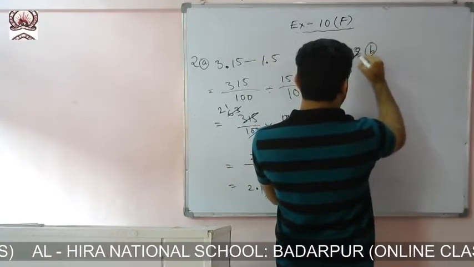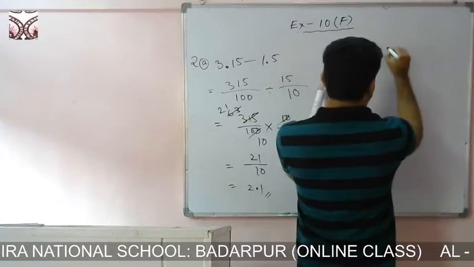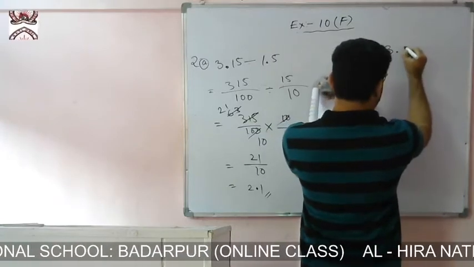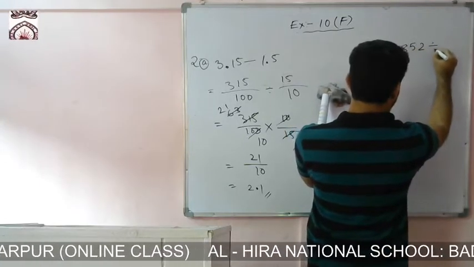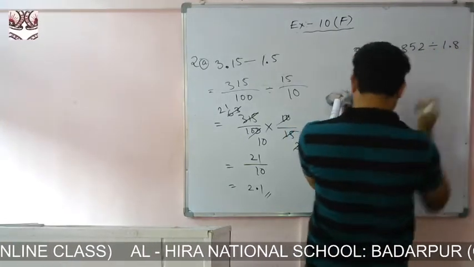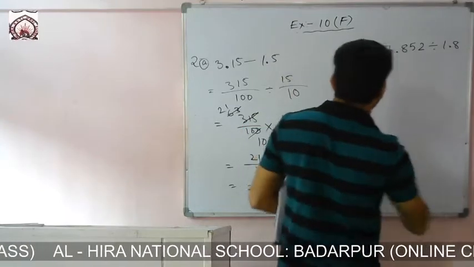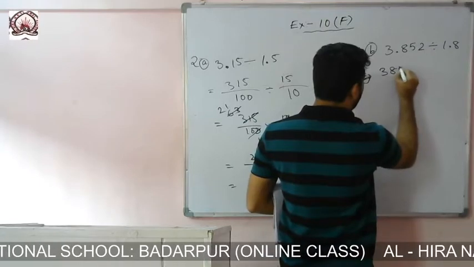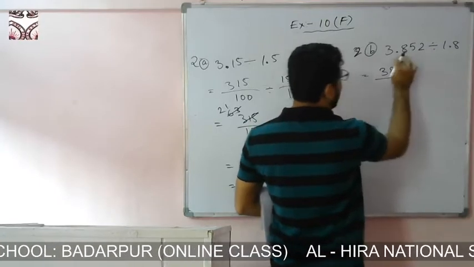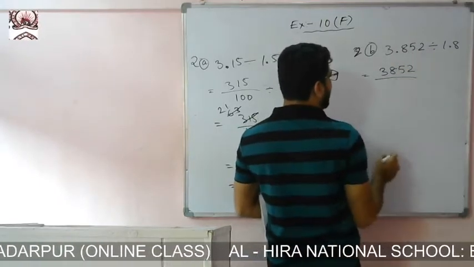To B you see 3.852 divided by 1.8. Okay. So we can write 3852 divided by, here you see 1 2 3, 3 zeros.